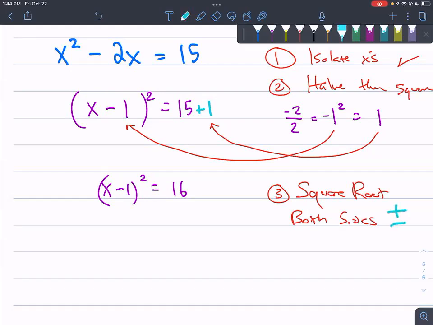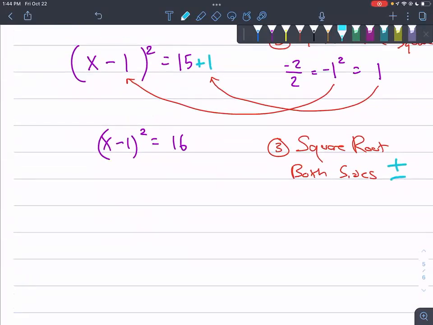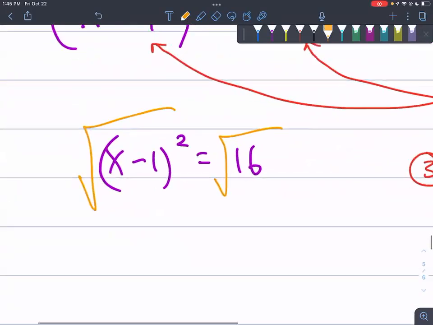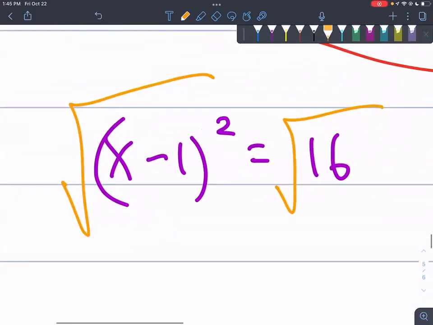Then square root both sides. Don't forget the plus or minus. So square root the left, square root the right. What happens on the left? The 2's gone, the square root's gone.